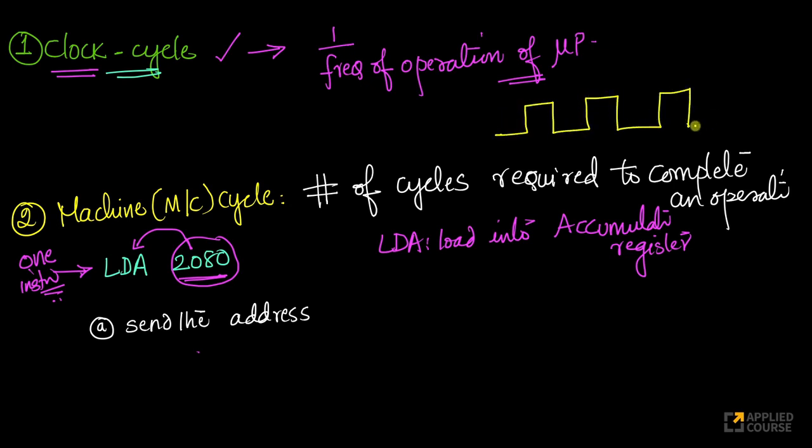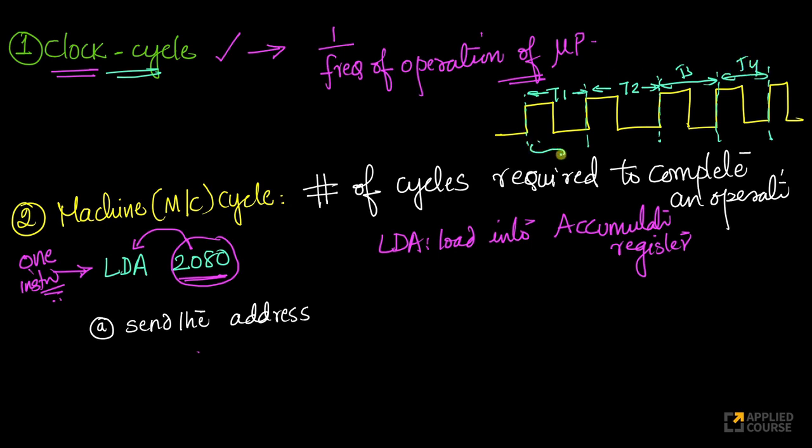My first cycle goes from here to here. Let's call this cycle T1. Then my second cycle goes till here. Let's call this T2. My third cycle goes from here to here, so this is T3. Let's say this is my fourth cycle, fifth cycle, and so on.